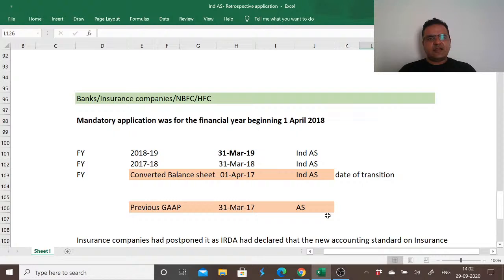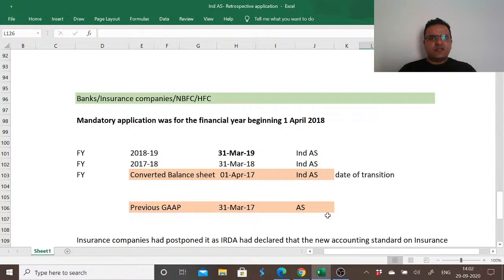So we should thank Ind AS 101, First-time Adoption of Ind AS, for helping us apply the change retrospectively with the options available of mandatory exemptions and optional exemptions. So we were able to implement Ind AS in India. It opens up doors of opportunities for aspiring chartered accountants who will be studying Ind AS as part of their curriculum now.